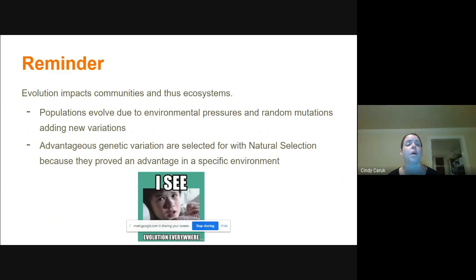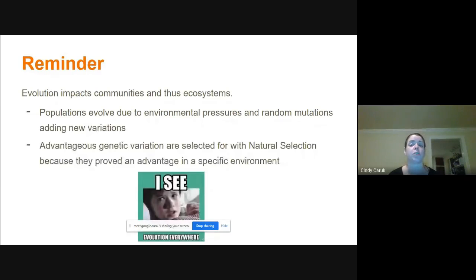And just remember, evolution is impacting the community structure and thus ecosystems. So populations evolve due to environmental pressures and random mutations that add new variation.